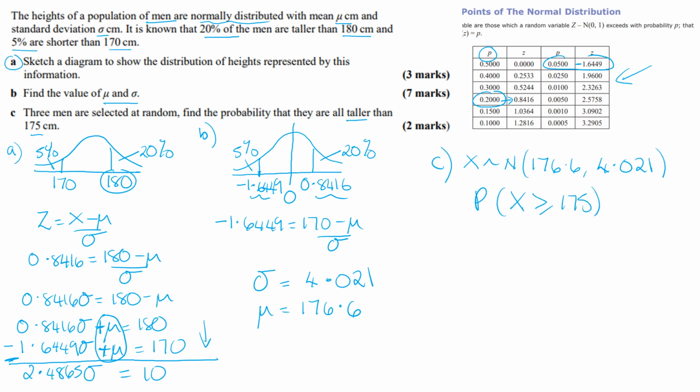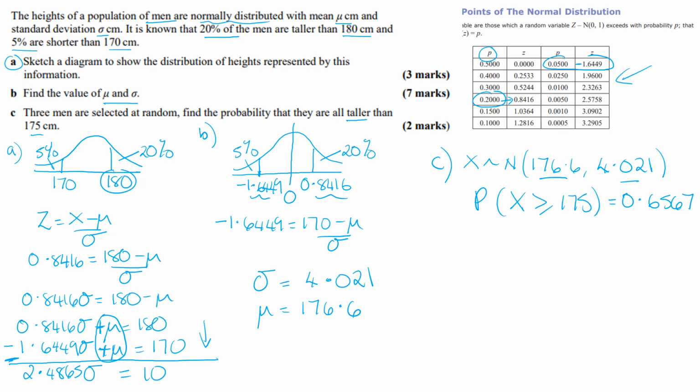If you work that out on your calculator, that's the probability of just one man being taller than 175. You'll need to put a lower limit of 175 and then just choose an upper limit, say 1,000, 10,000, and then feed in these values. On your calculator you get 0.6567.